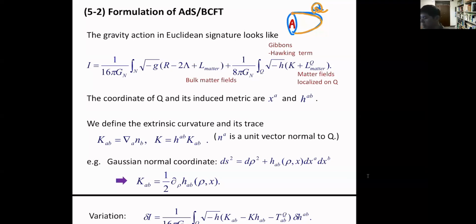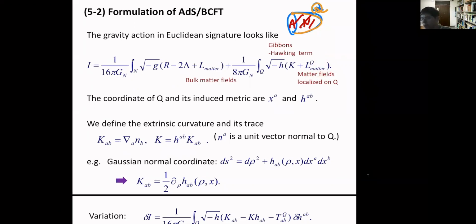Currently M is this part. And this is just the standard Gibbons-Hawking term. And this is matter: I also put some matter on Q to realize different boundary conditions.